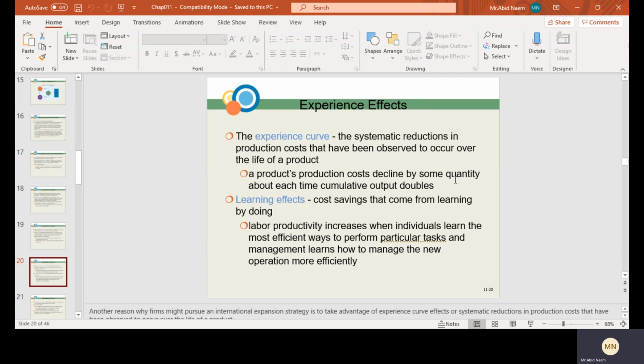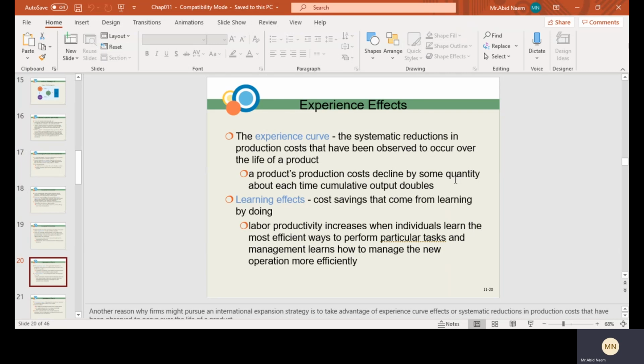Simply put, with the passage of time, when you try to understand and optimize your operations related to product manufacturing, every single time a new batch is developed, automatically you will start reducing the cost incurred for product development, assembly or manufacturing, and that will translate into the experience curve.